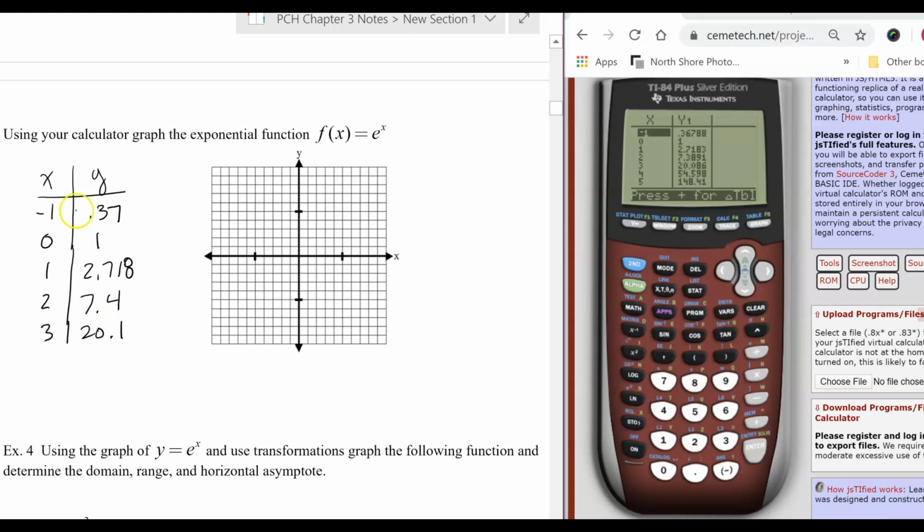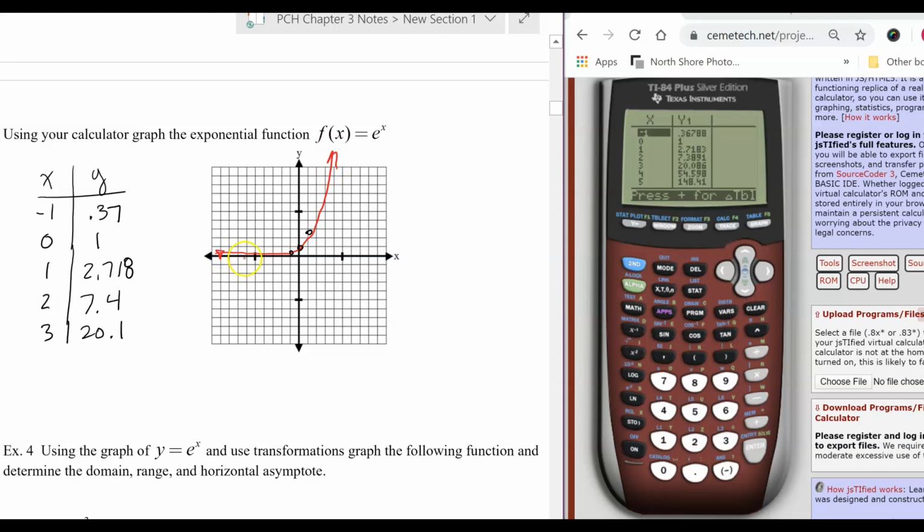So at -1, I have 0.37, so somewhere around there. 0, 1, 1, 2.78, and 3 is going to be way up there. So let's go ahead and sketch a curve through there. Again, as we go to the left, it's going to approach our x-axis, and then it's going to go up.